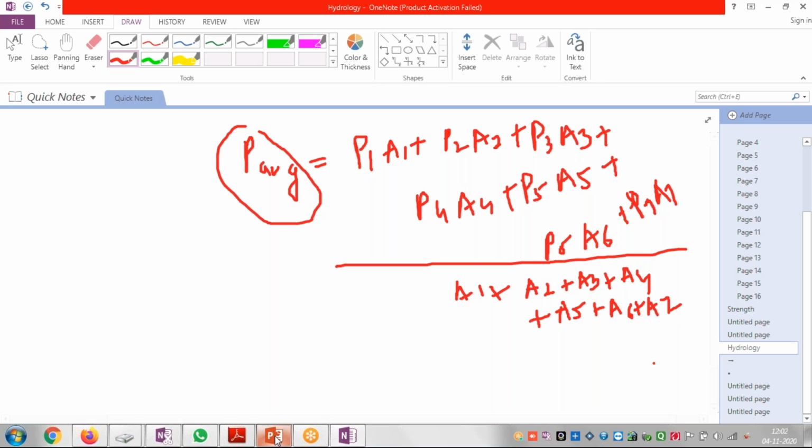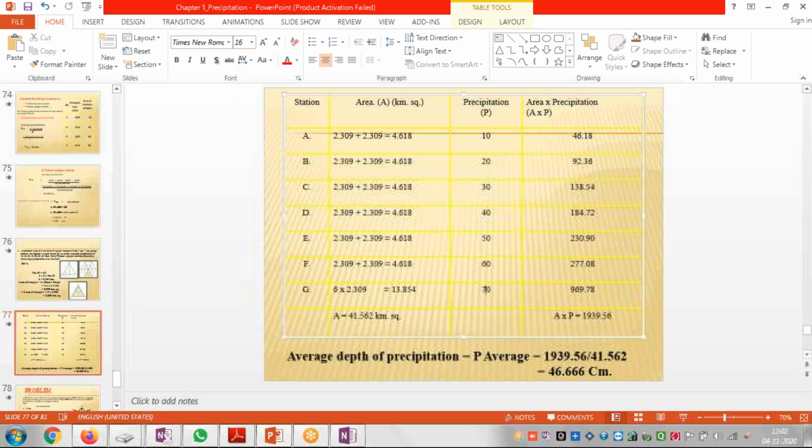So here the calculation is the same. If you see, first the precipitation is written, that is P1, P2, P3, P4, P5, and then A1, A2, A3, A4, A5, A6, A7, and this whole area is summed.